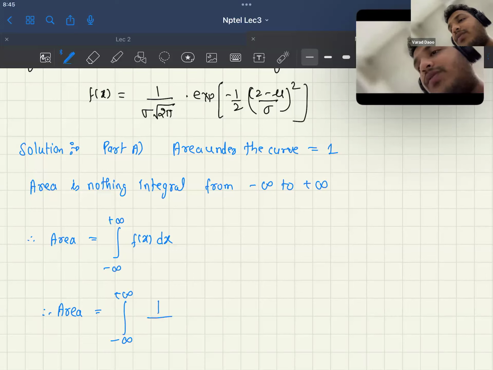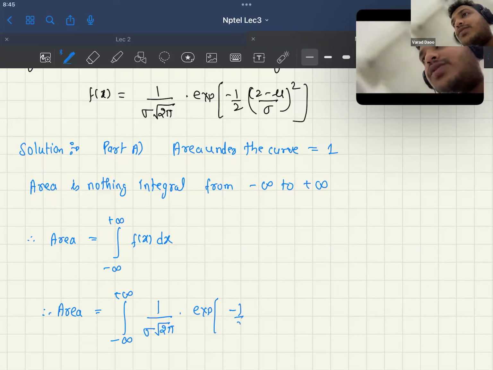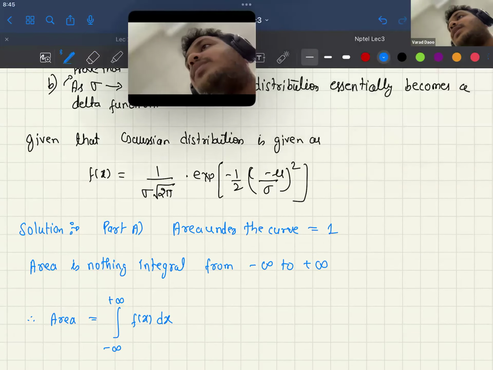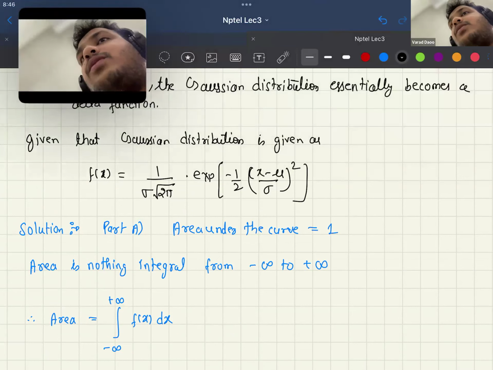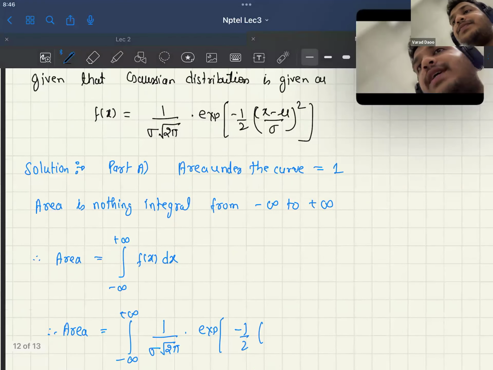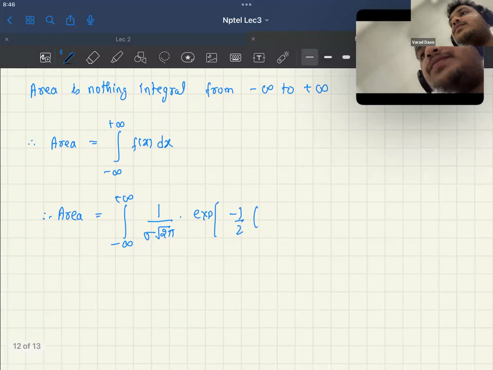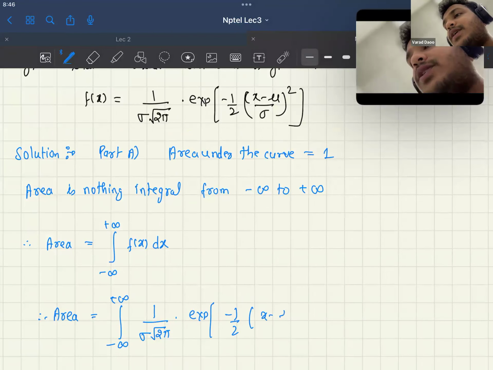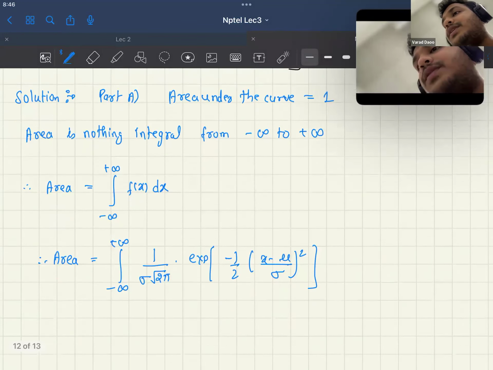Let us put the value of f of x, 1 by sigma root 2 pi into exponential of minus 1 by 2 (x minus mu by sigma) whole square into dx.